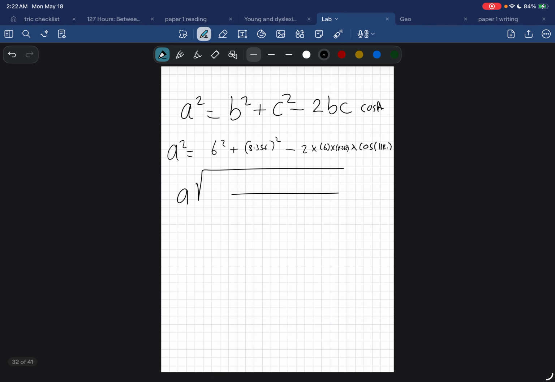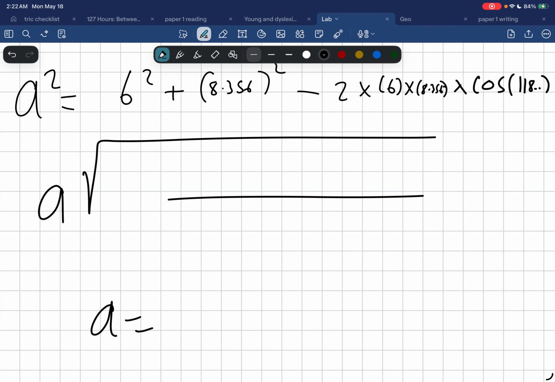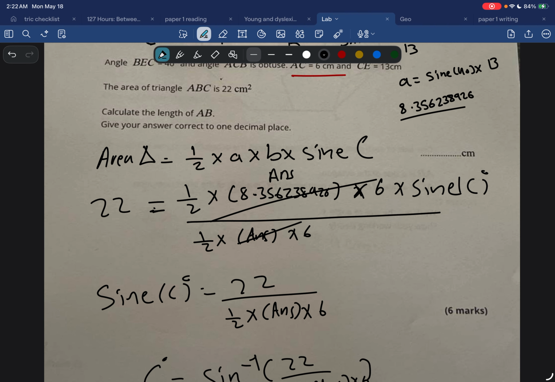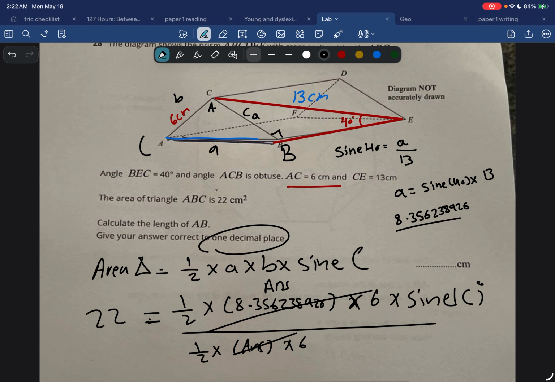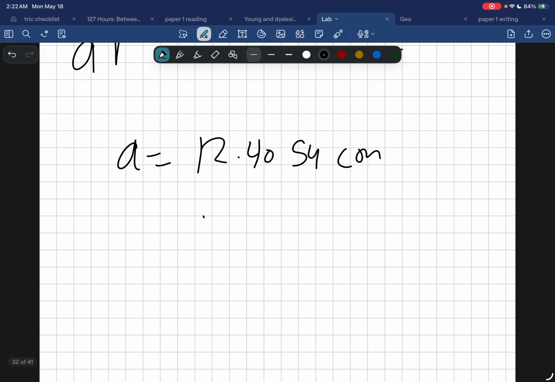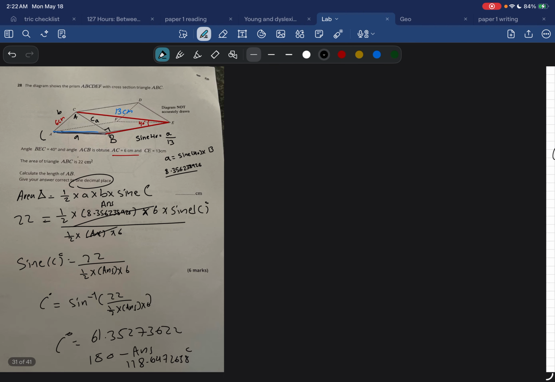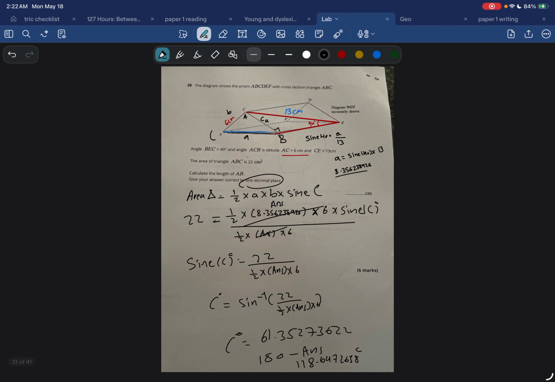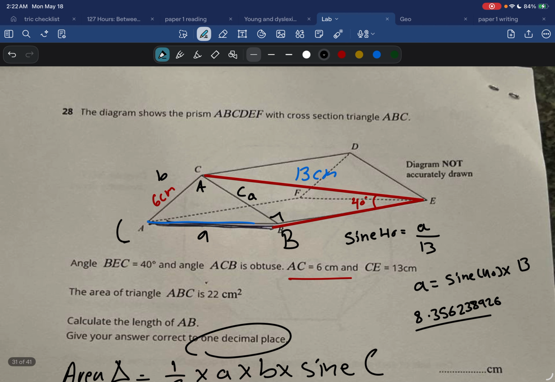Here we go. The value of a is going to be 12.4054 centimeters, but we need to round to one decimal place. So it's going to be 12.4 centimeters. That's my value. So a lot of things, but it's actually everything we took before, just needs analysis and thinking. Thank you for listening.